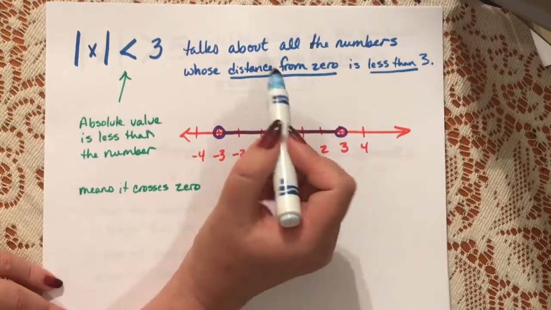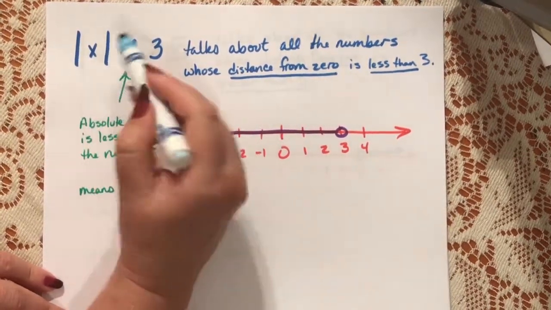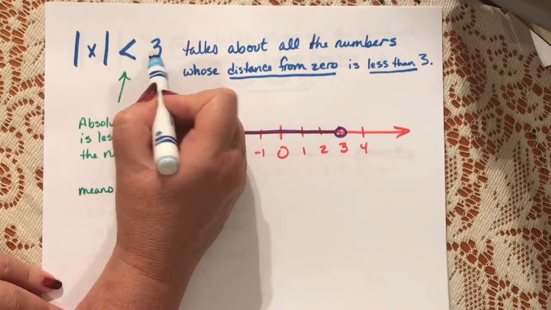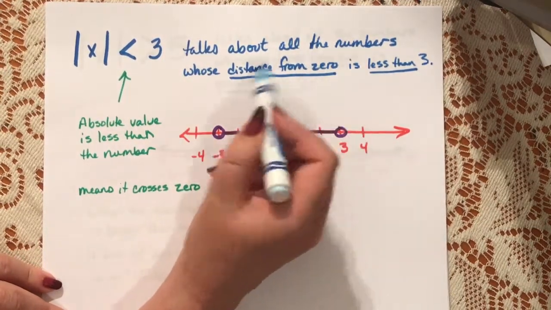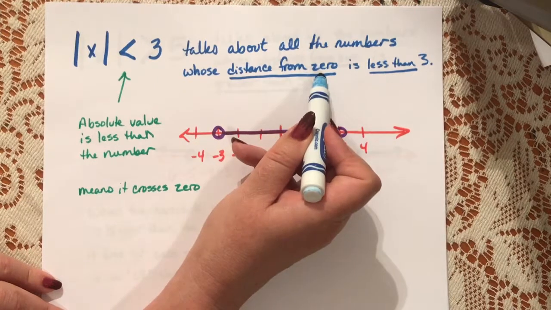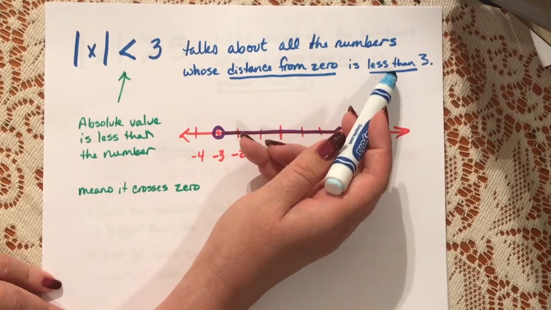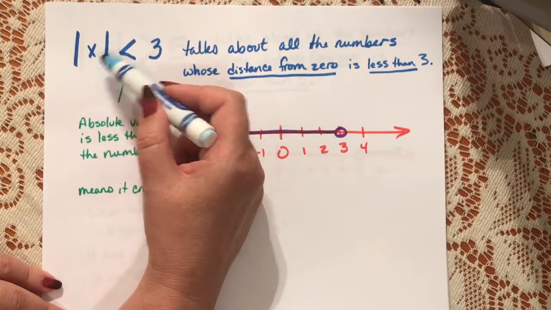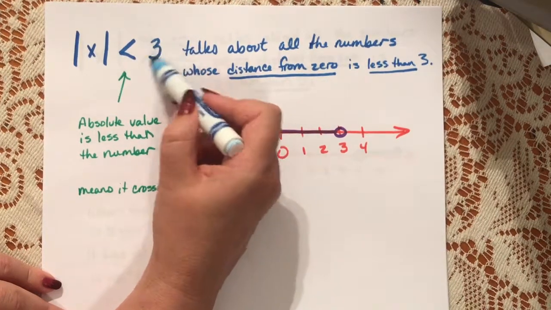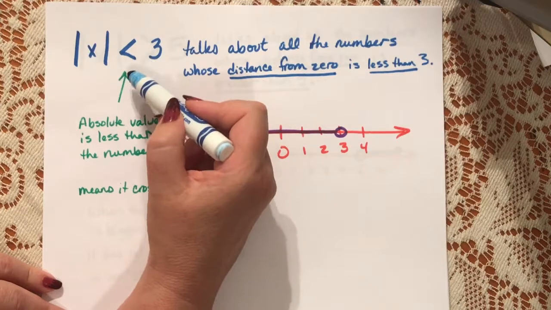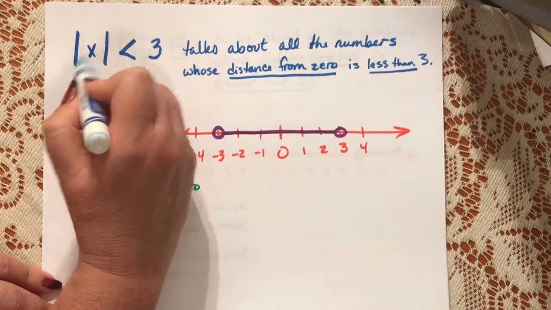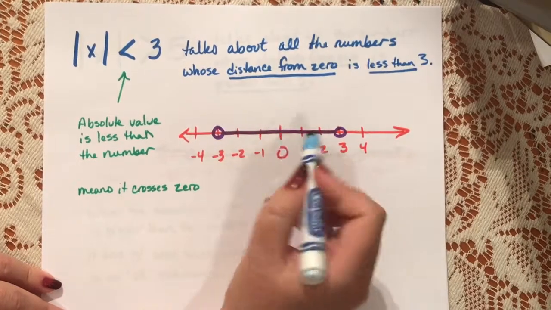Now, if you're understanding the concept behind this, the absolute value of x is smaller than 3. This talks about all of the numbers whose distance from 0 is less than 3. The absolute value of this is going to be less than this number. And because it's less than the number, then the negative is going to also be more than the number.